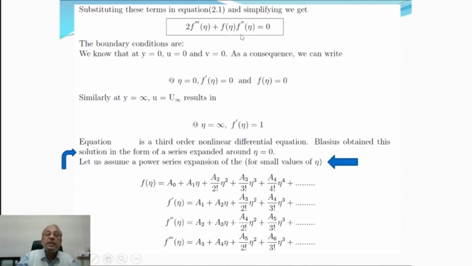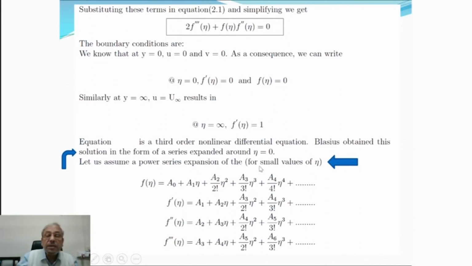Now, this governing equation is a third order nonlinear equation. And it was a formidable job when Blasius did this work to find an analytical solution of this equation. What Blasius did, he attempted a series solution.